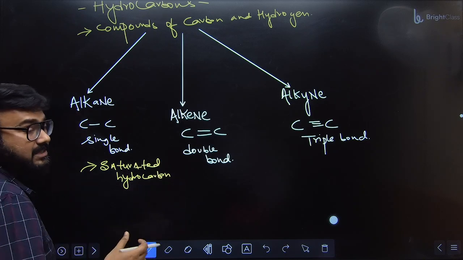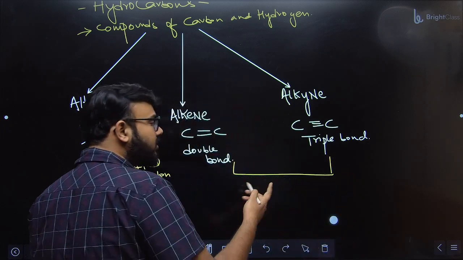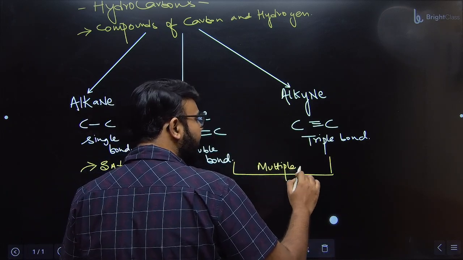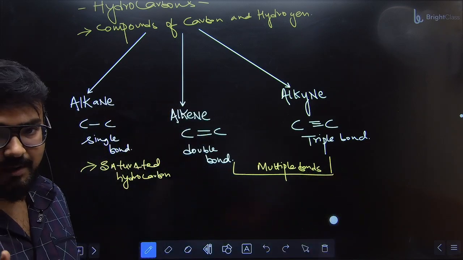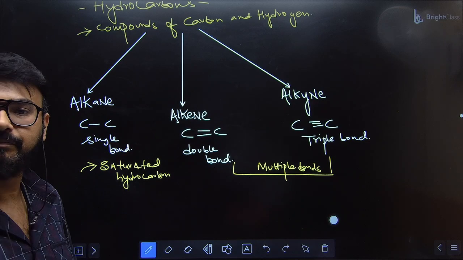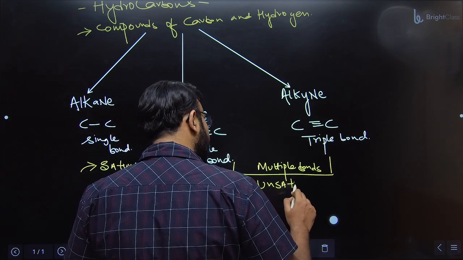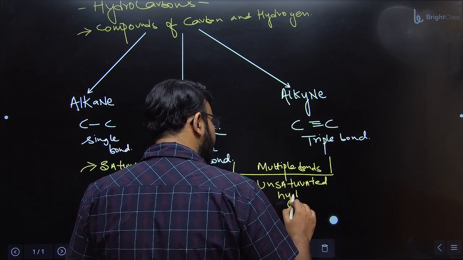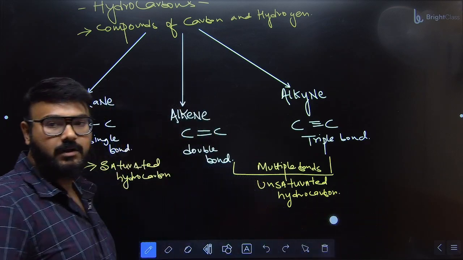And the ones which have multiple bonds, double and triple, between two carbon atoms, what do we call them? Unsaturated hydrocarbons. Write it down.